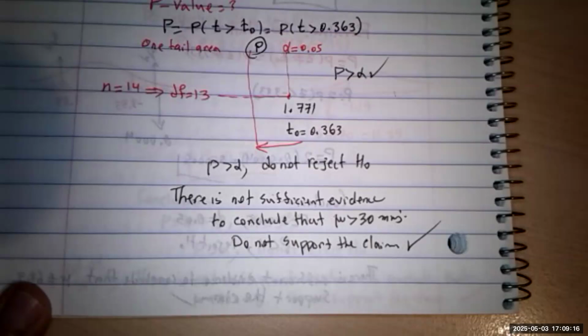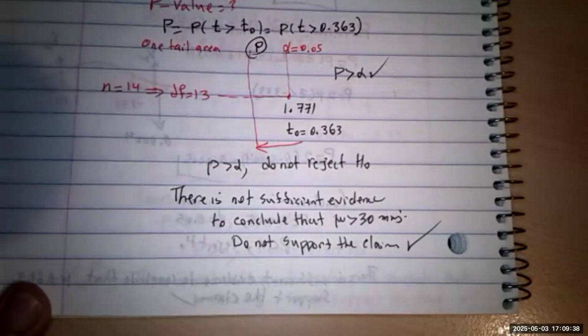This is exactly what we conclude. So the conclusion is that the p-value is 36%, so P is greater than alpha. When P is greater than alpha, we fail to reject the H naught. Do not reject the H naught or fail to reject the H naught.